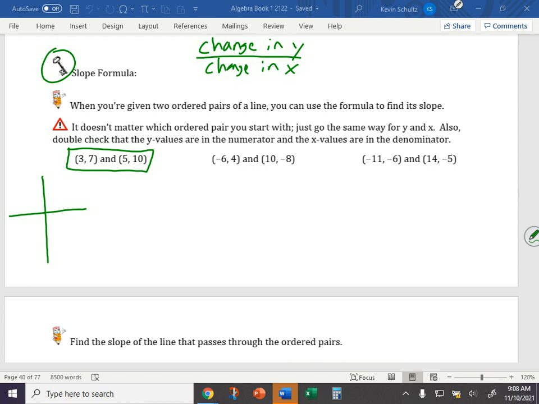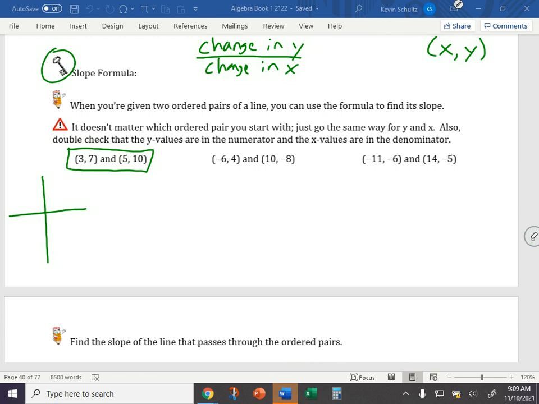So if we're looking for the change in y over the change in x, if we're given 2 ordered pairs, x, y, first ordered pair, x, y, second, we're going to label these values, whatever they are, as our first x and our second x, and our first y. First x and first y.